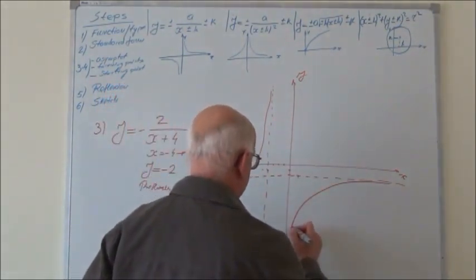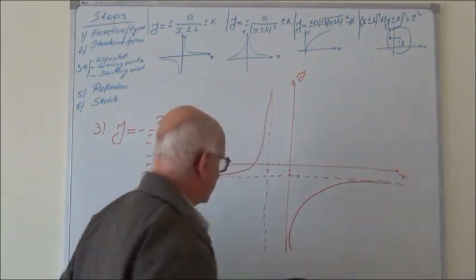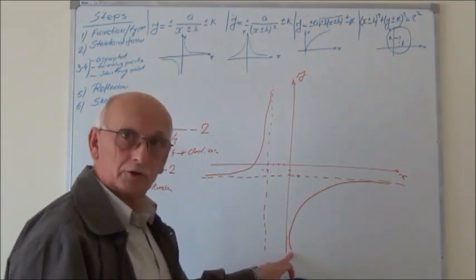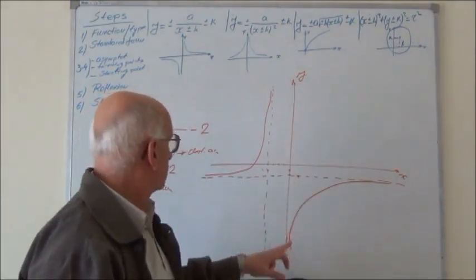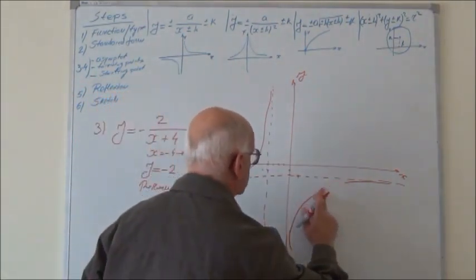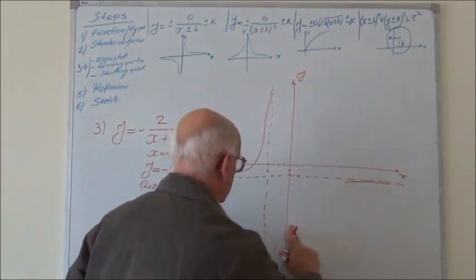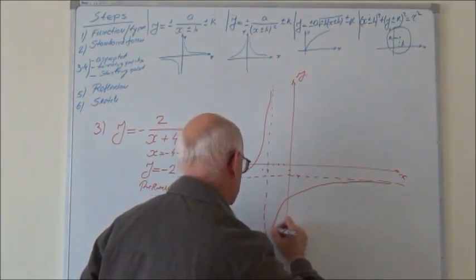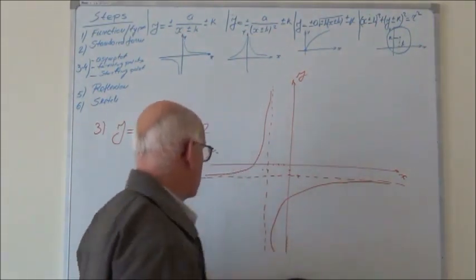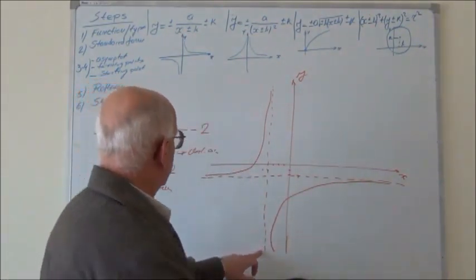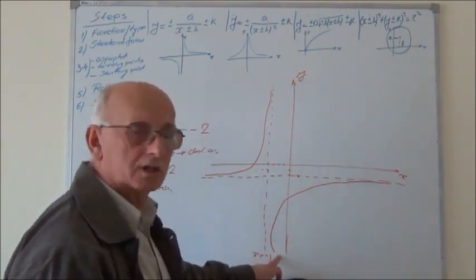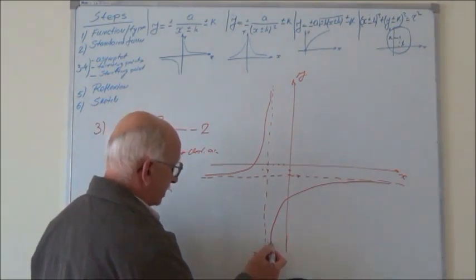While I was sketching, my graph went somehow like this, so I'm not indicating the line x equal minus 4 that is an asymptote to this graph, because my graph doesn't approach that line anymore.